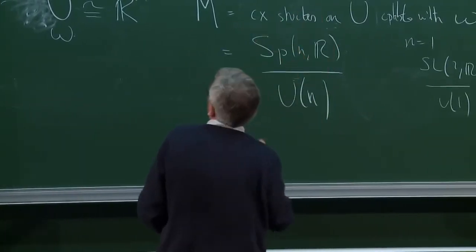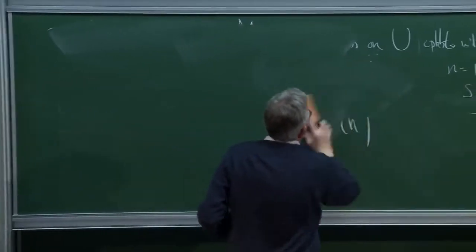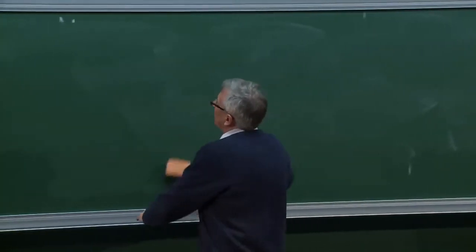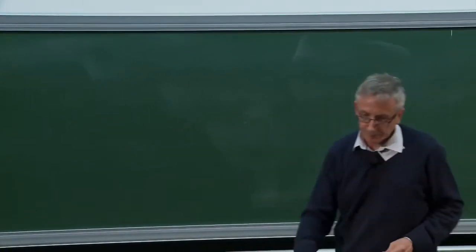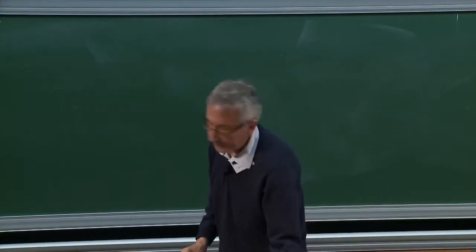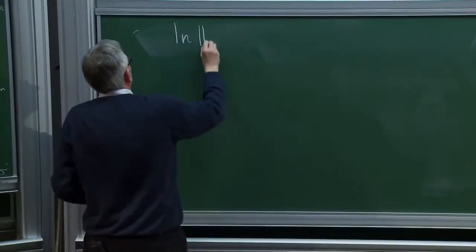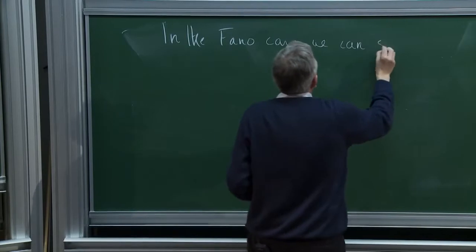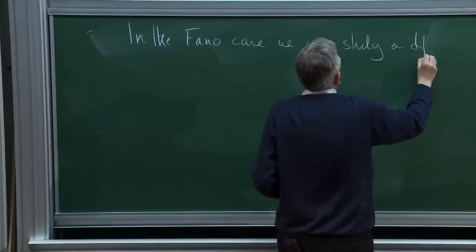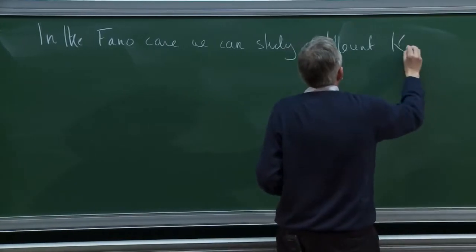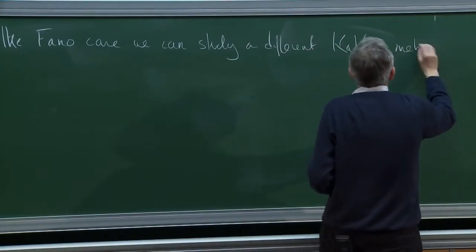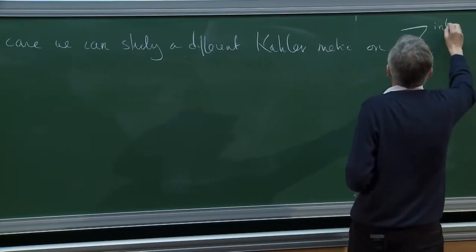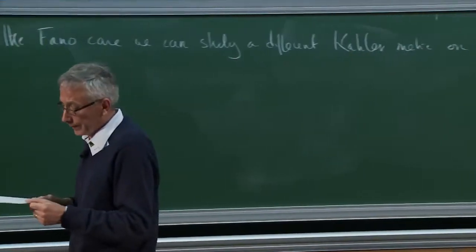So in the Fano case, we can study a different Kähler metric on this space of integrable almost complex structures.